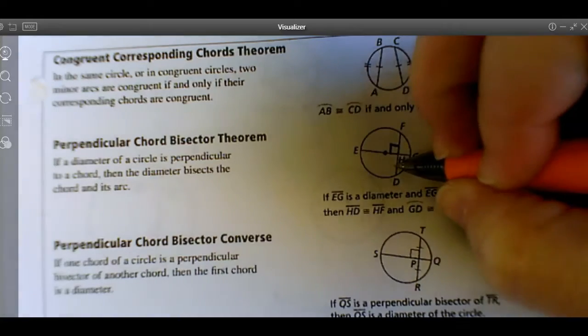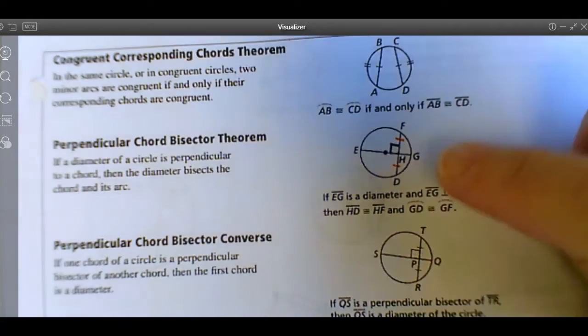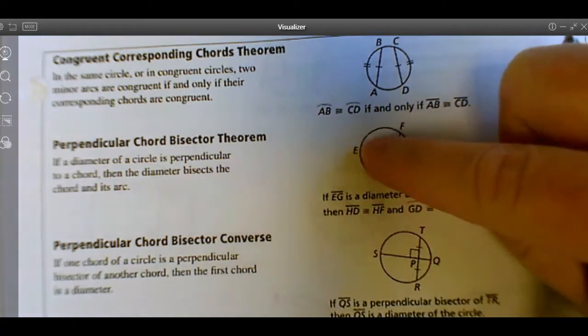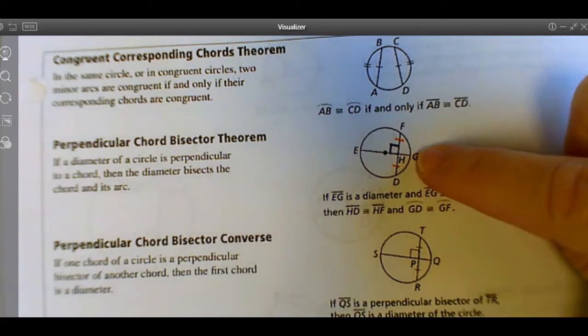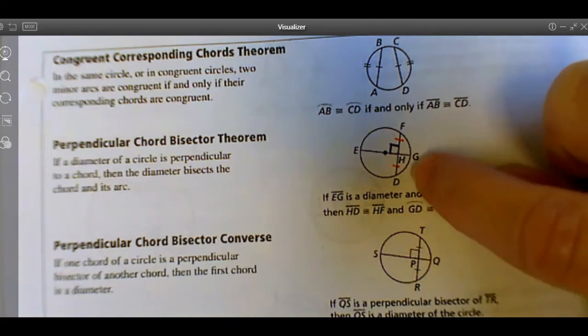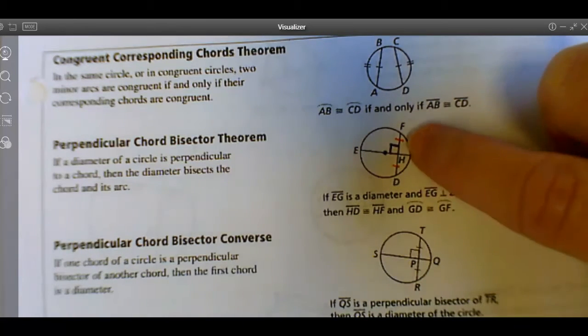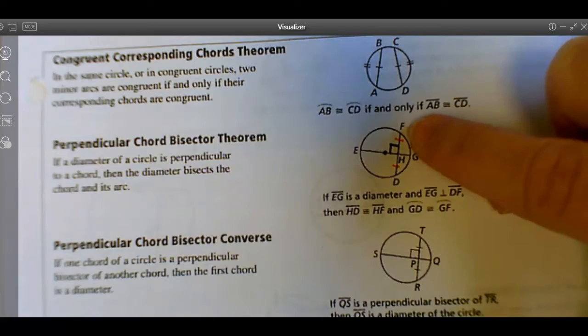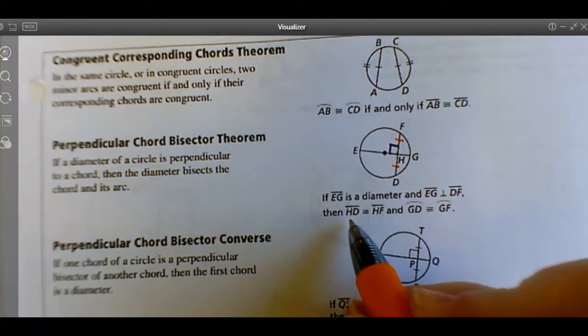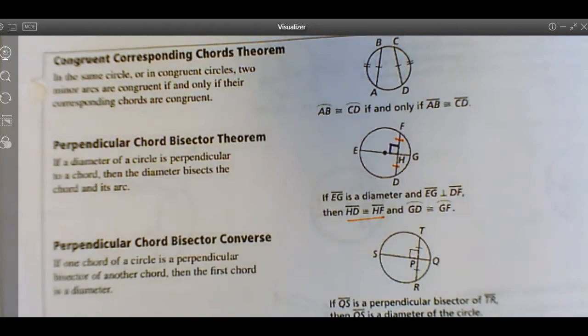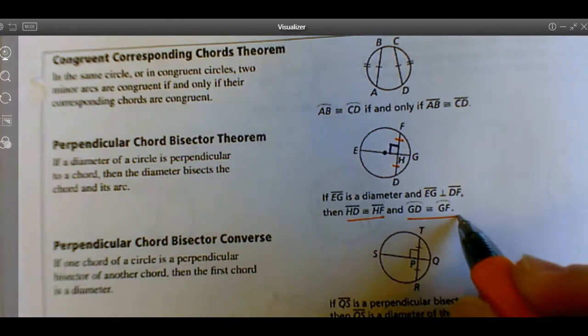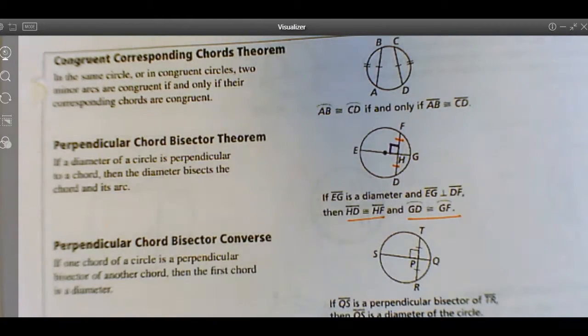Bisects means that the two sides are the same. So what that's saying is, if the picture looks like this and you have a diameter and a chord and they're perpendicular, these two parts right here are the same length. Okay? And so that's what it says right here. Those two parts are the same length. Well, if the parts are the same length, that also tells you that the arcs are the same length. Okay?